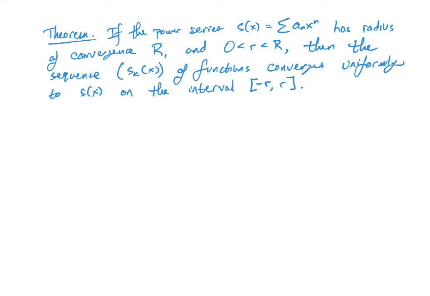Good? So this theorem will never tell us what happens at the point capital R, but for any point smaller than capital R, we can take that to be our little r, and then we'll have uniform convergence at that point.